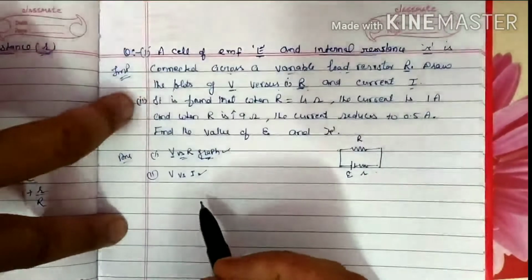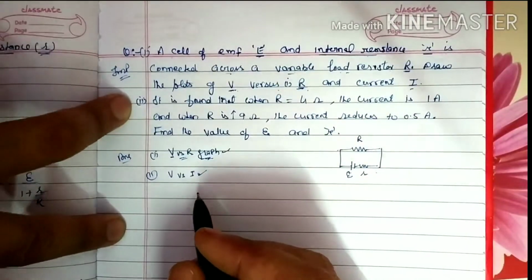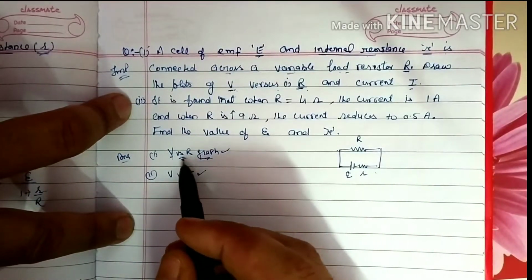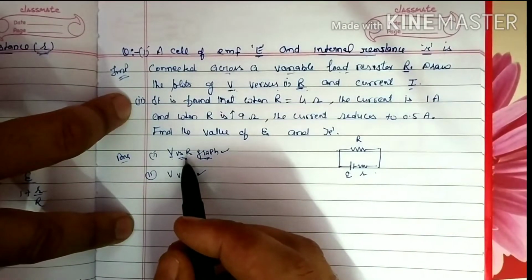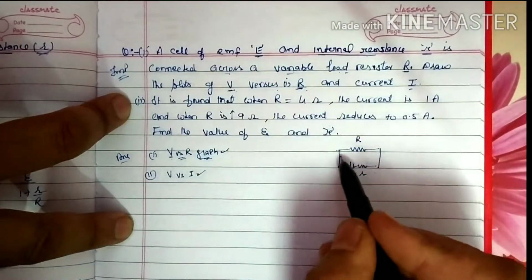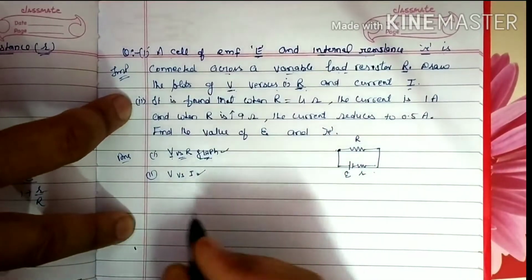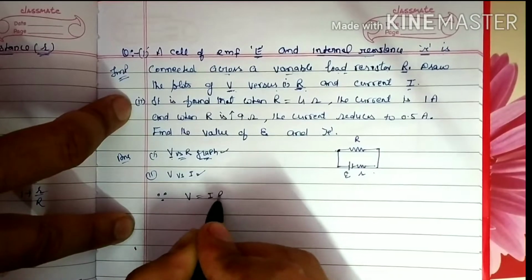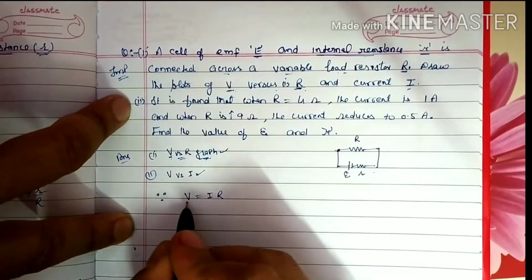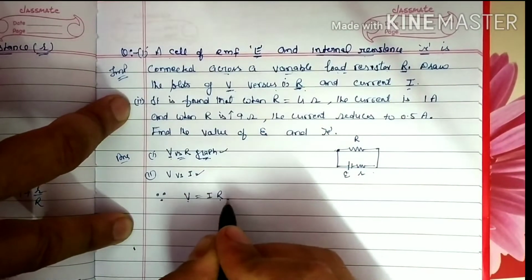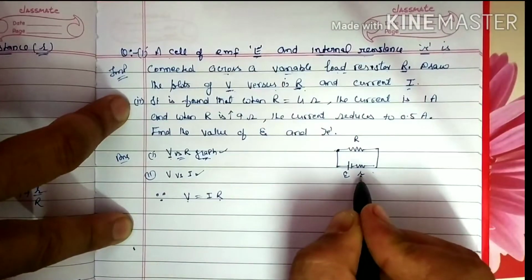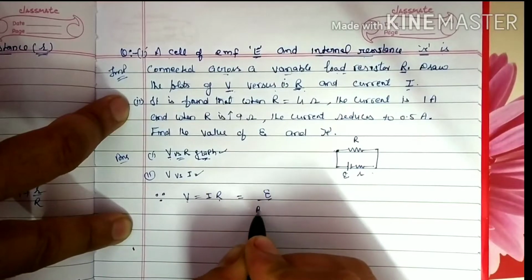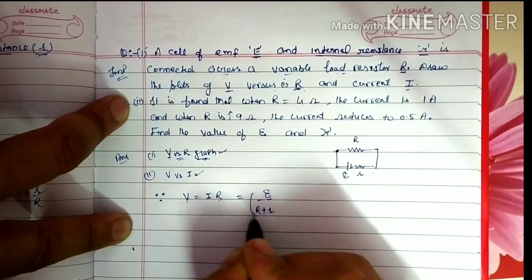In order to plot the graph, firstly we must know the relation between V and R when a cell is connected with the external load resistor R. Because V is equal to IR, this is the relation between V and R. Further, the cell having internal resistance small r, the current I is given by I is equal to E over R plus small r.